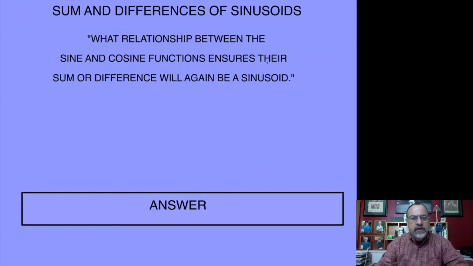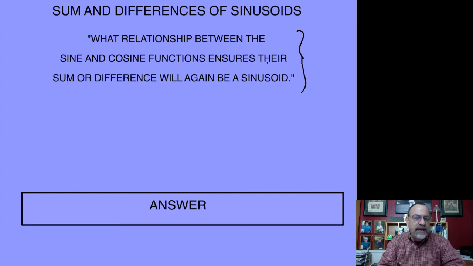The next thing we want to look at is what happens when we add two sinusoids together or subtract two sinusoids. What relationship between the sine and the cosine will ensure that their sum or difference will again be a sinusoid. And what we're saying here is, if you read the discussion in your book, that if we add sinusoids with the same period together, then the resulting function will also be a sinusoid.